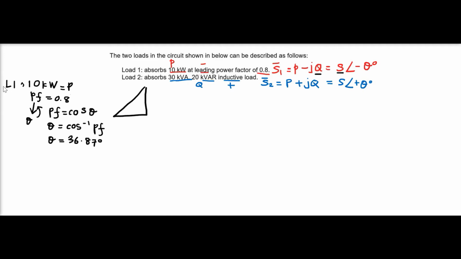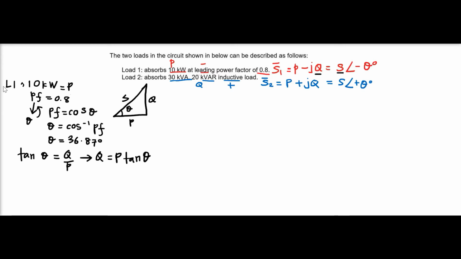Now how to get Q or S? You can get them by using the power triangle. This is theta, this is Q, P, and S, where S is apparent power. Let's say I want to use tangent theta. Tangent theta equals Q over P, so Q equals P tangent theta.